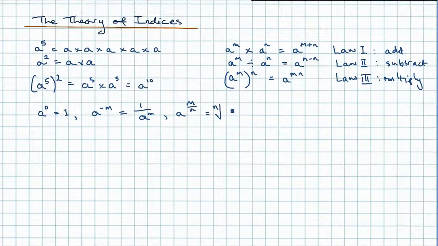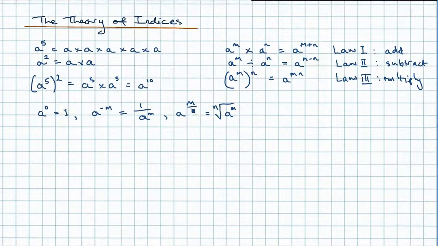If it's a 2, then it will be the square root, the n root of a to the power m, because that number in the numerator is simply going to be a power, so it's going to be squaring it or cubing it or whatever. So we have this. So there are our 3 general principles, if you like, or theorems perhaps, that we're working with.